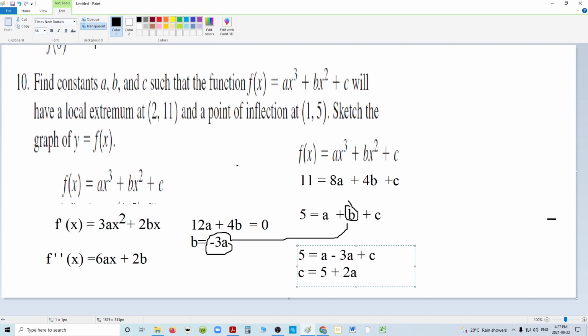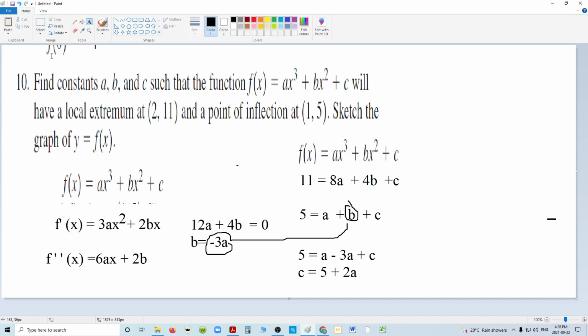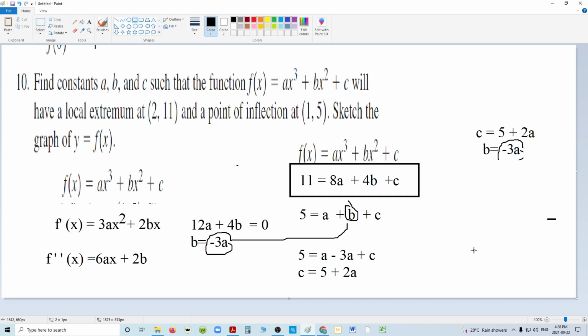So you go ahead and do that. Now I have an expression for c, and I have an expression for b, and both have to do with a, which means I can work on this formula right here and come up with the answers that I need.